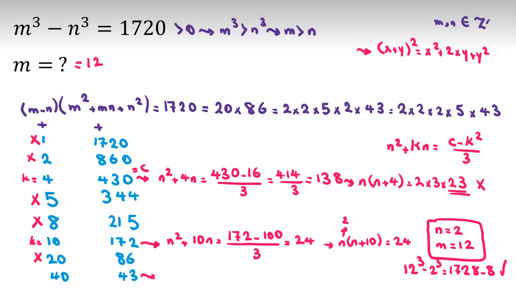Let's check this case. n squared plus kn, which k is 40, 40n equals c, which is this, minus 40 squared. This one will be 43 minus 40 squared. It will be a negative number, but let's see, over 3.